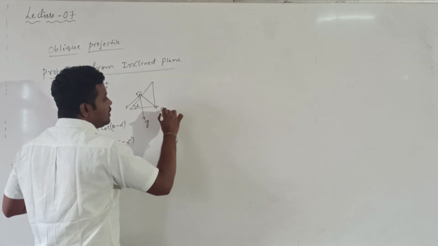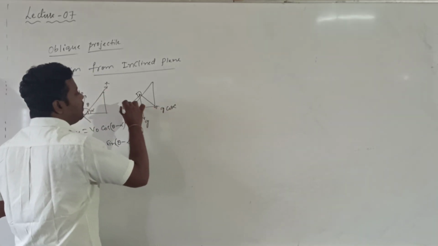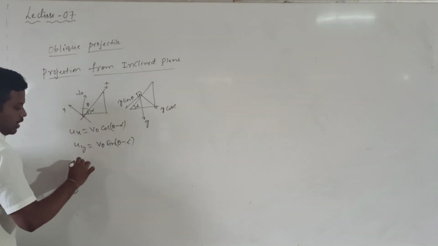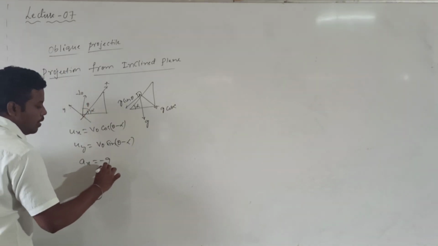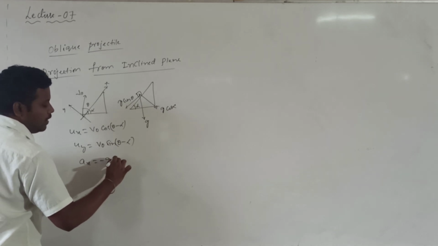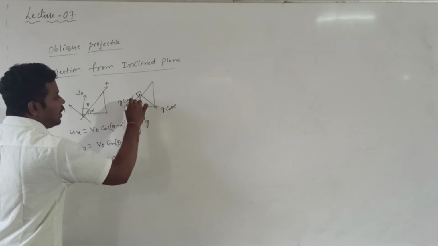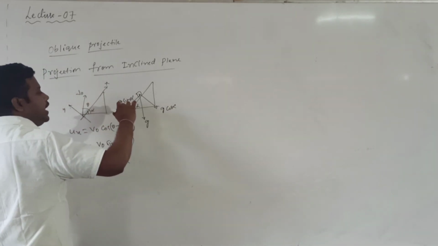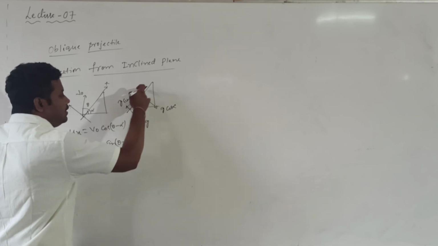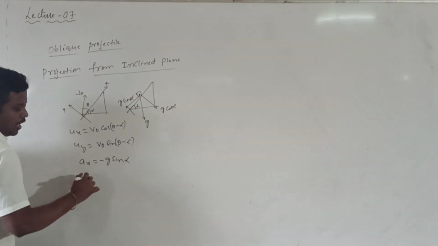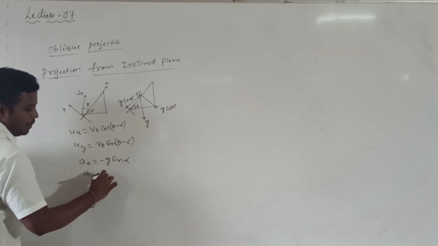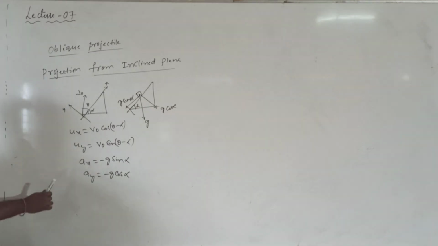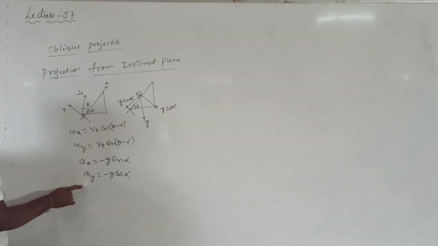This component is given by g into cos alpha, and this component is given by g into sin alpha. So ax is equal to minus g into sin alpha. This acceleration is along the negative x-axis, since we consider the axes like this now. So ax is minus g sin alpha. What about ay? ay is equal to minus g into cos alpha. This is the component of acceleration along the slope, and this is the component of acceleration normal to the slope.